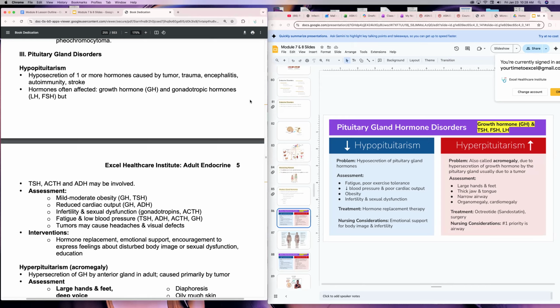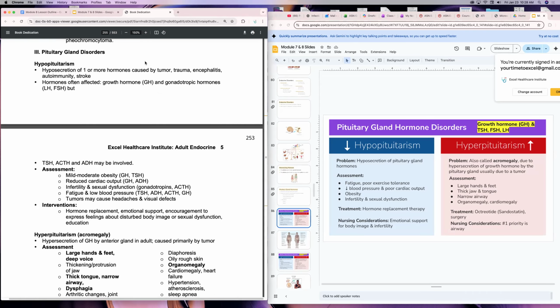So starting on page 252 at the bottom and then into 253, I have what you need to know in terms of assessment and interventions. So with hypopituitarism, they're going to feel very tired and have poor exercise tolerance, low blood pressure, poor cardiac output, obesity, and infertility and sexual dysfunction.